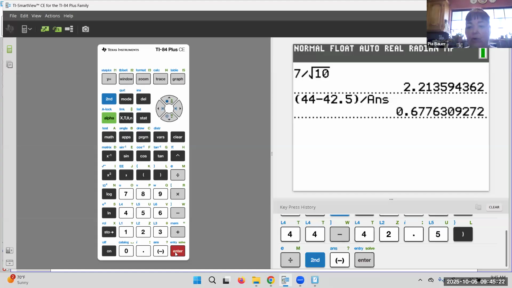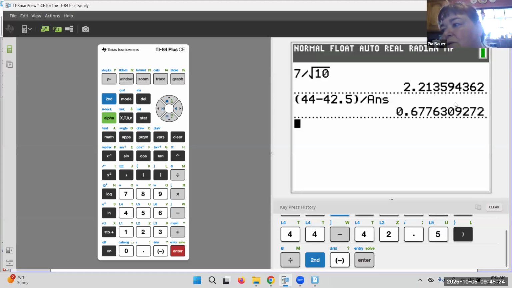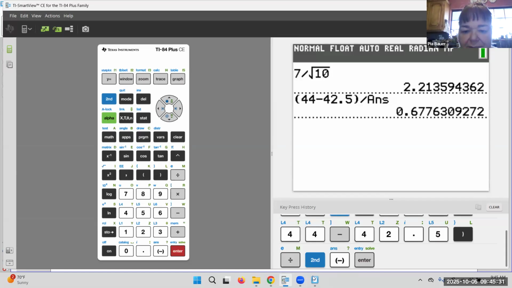Now, this is a z-score, and typically our z-scores are given to 2 decimal places, so that would be 0.67, 0.68 when I round it up.